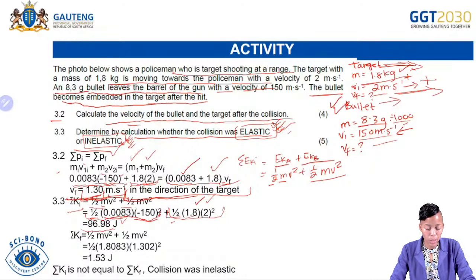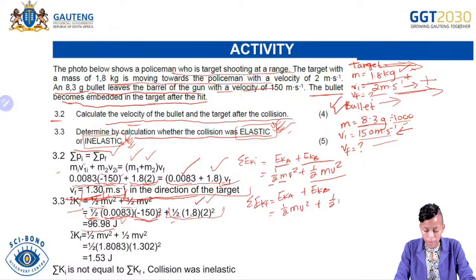Then you move on and calculate the sum of the kinetic energy after the collision. Again you use the sum of the final kinetic energy, which is the EK of A plus the EK of B. So again, half mv squared plus half mv squared.